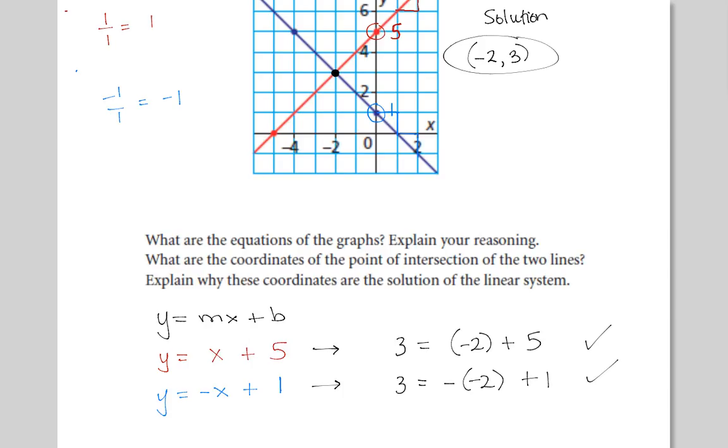So this is good. So when I plug those points in, that's when you're checking to see if it satisfies the equation. When you plug in x, y, and then you see if the equality is held true. So this coordinate negative 2 comma 3 is the solution that satisfies both equations.